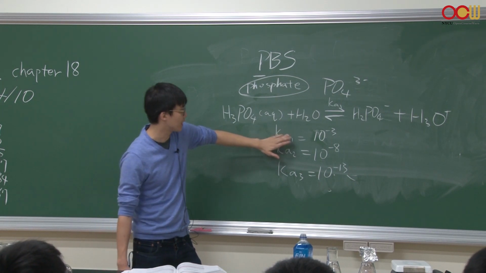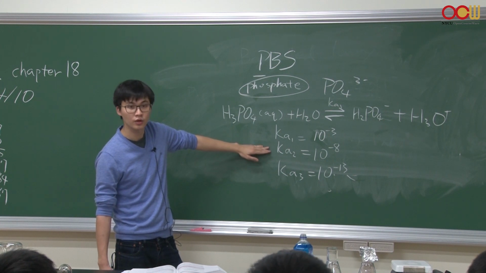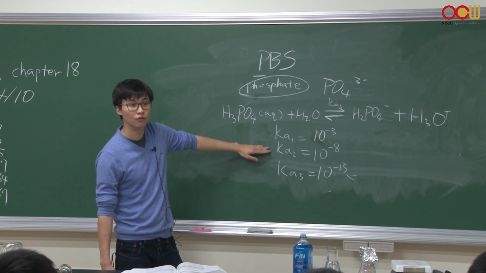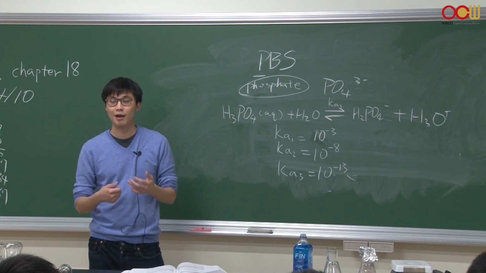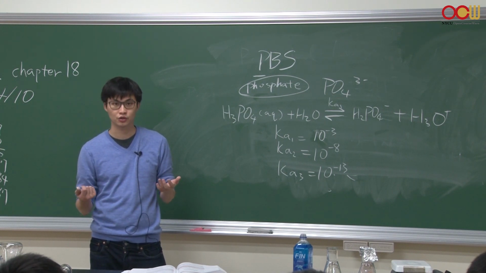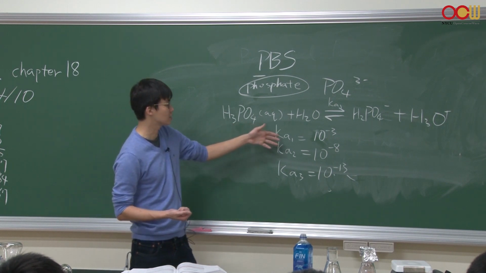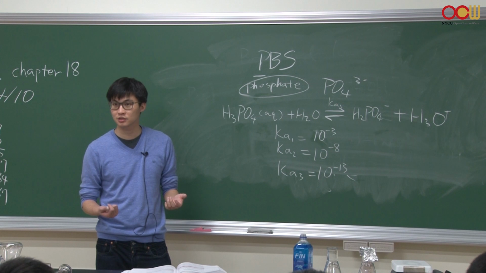So that means it actually prefers to go through the Ka1 and Ka2, and that is the fundamental reason for its buffer property. What I mean by buffer is preventing rapid change of your pH value under a certain concentration. As long as you don't put an extremely large amount of acid or base into a system, the pH is going to remain the same.